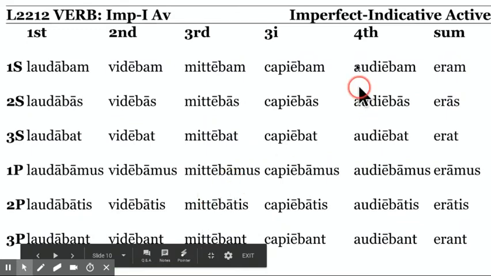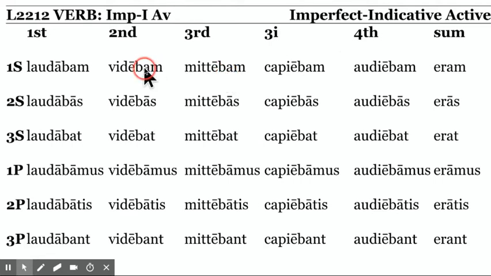In this chapter we're going to introduce you to the imperfect. The imperfect is formed off the present stem, connecting vowel, and then the same endings: bam, bas, bat, bamus, batis, bant. The imperfect is used to indicate progressive past.